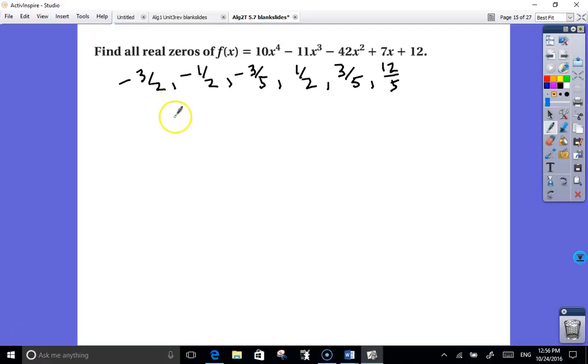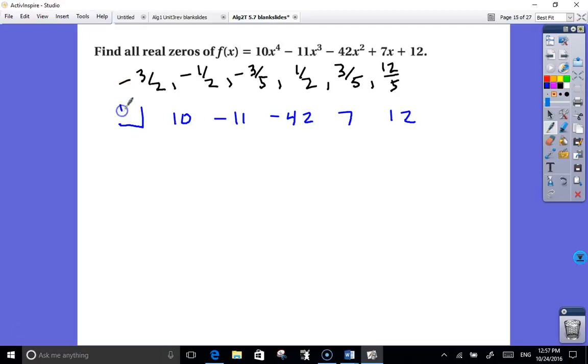Okay, then we're going to go 10, -11, -42, 7, and 12. Now if I'm trying to check 1/2, remember 1/2 is the 0, and that's what we put in that bracket. If it said x - 1/2, we put in +1/2.